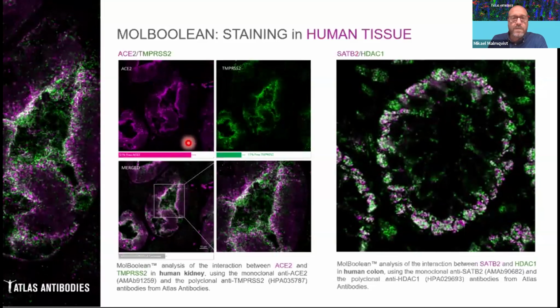And using MolBoolean, we determined that 32% of all ACE2 receptors and TMPRSS2 proteins are present in a complex with each other. To the right, we have looked at the interaction between SATB2 and HDAC1, and they interact in the nucleus of glandular cells in human colon.